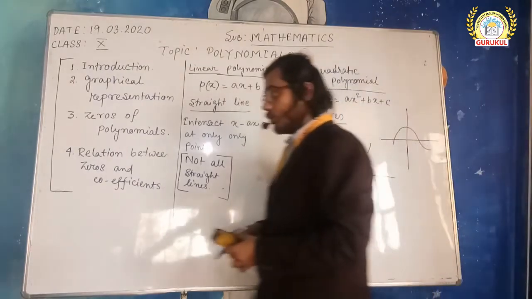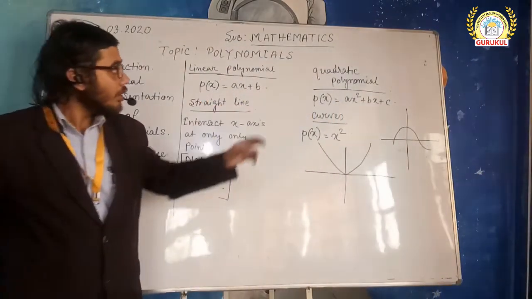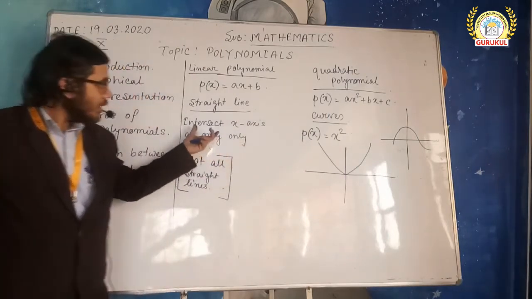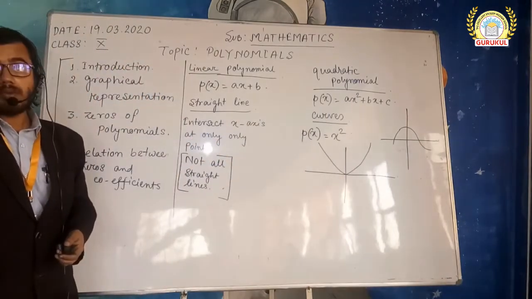Over here you need to know, in the case of a quadratic polynomial, how many intersecting points are we going to get?